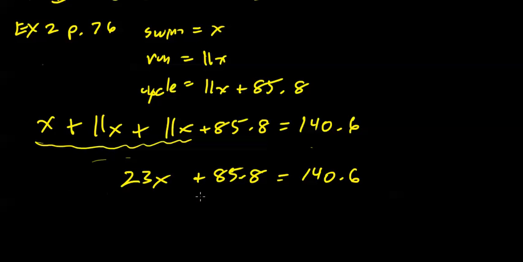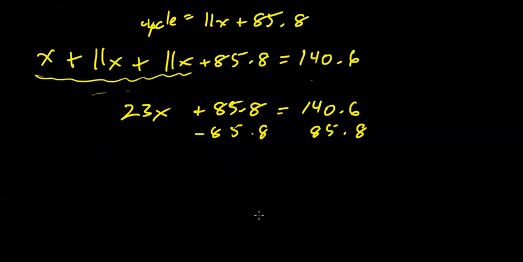Alright, what I'm going to do now is, again, solve for x. I'm going to subtract 85.8 from both sides. And we'll use a calculator to take away some of the drudgery here. I'll then get 23x. Of course, the numbers cancel out on the left-hand side. Equals 54.8, my calculator tells me. Again, the goal is to solve for x.